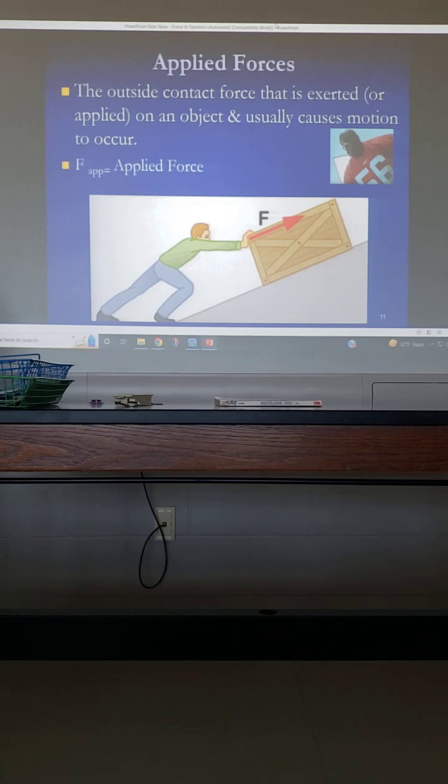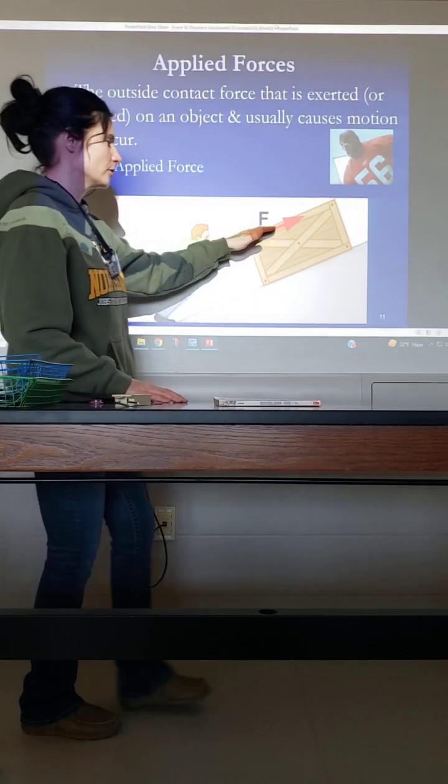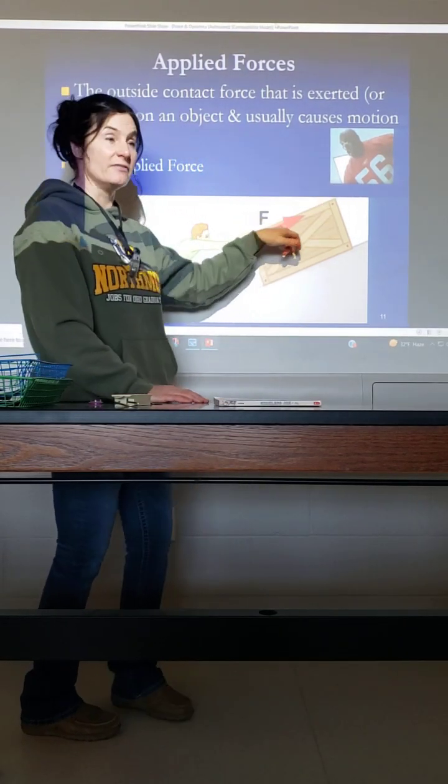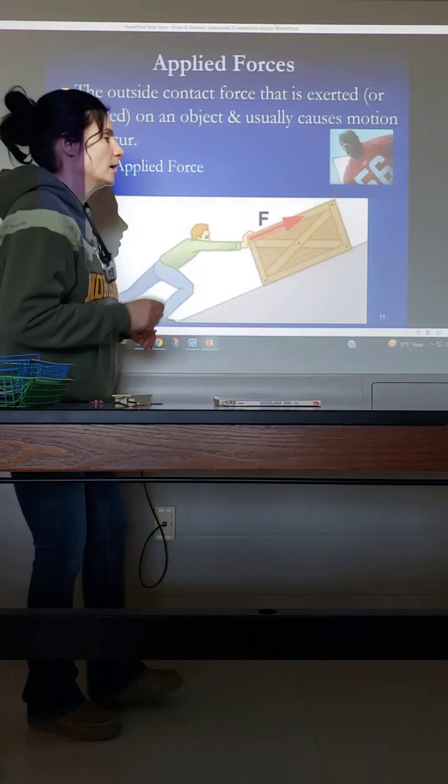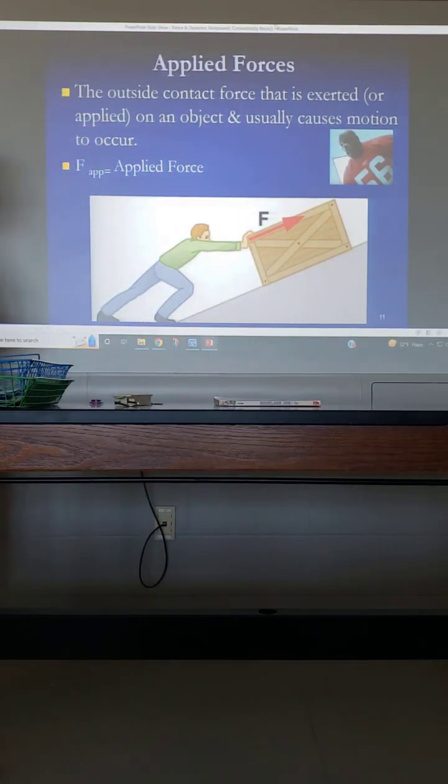It's just you're not applying enough of a force to overcome the static friction that's holding this table in place. Right? We represent the applied force with the abbreviation of AP. Okay? And so you can see he's applying a force in this direction. We use vector arrows again in this unit, like we did last year, and like we kind of introduced a little bit, just the direction idea last unit.